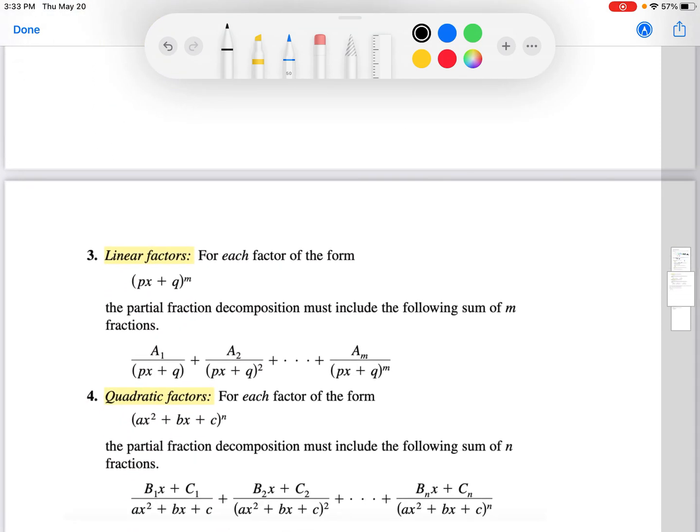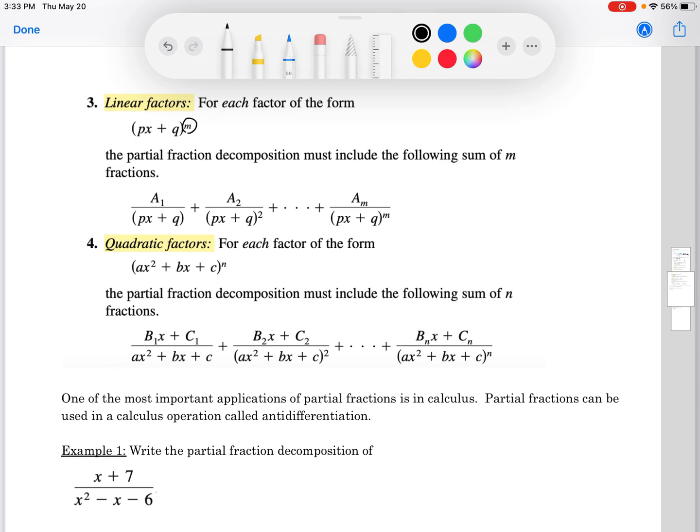For linear factors, for each of these factors of the form px plus q to the m power, the partial fraction decomposition must include the following sum of m fractions. So whatever this exponent is, that's how many fractions you're going to have.